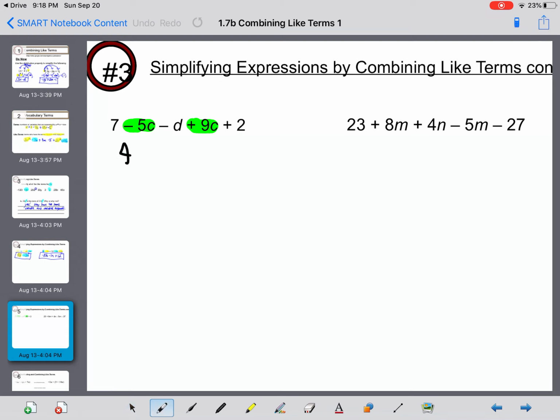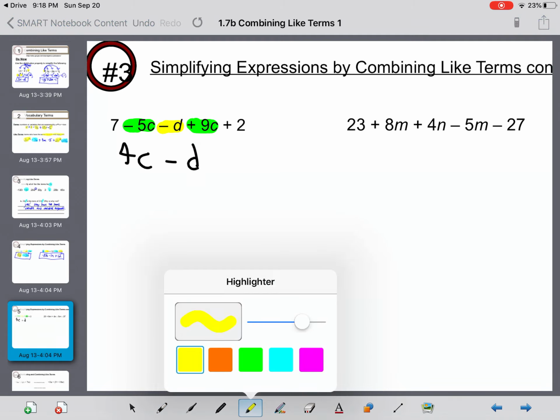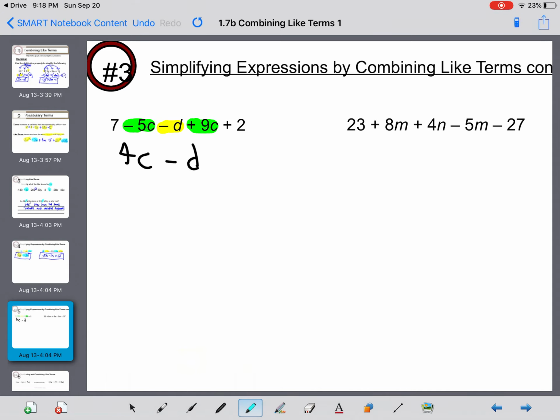So 4c. Keep looking. We have negative d, but there's nothing to go with it, so just bring it down. Negative d. And like I said, save those constants for last. We have 7 plus 2, which makes 9, so plus 9.